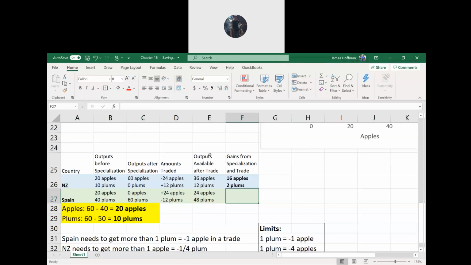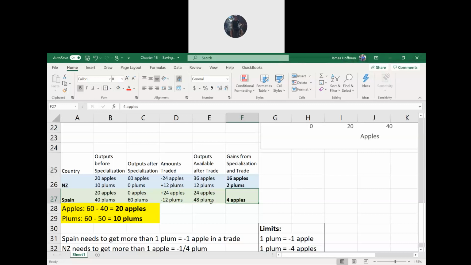All right, now let's do the same for Spain. So they started with 20 over here, and after the specialization and trade, they have 24, so that's a plus 4. So they gained 4 apples. All right, and finally, they started with 40 plums. Now they have 48, so that's a plus 8.